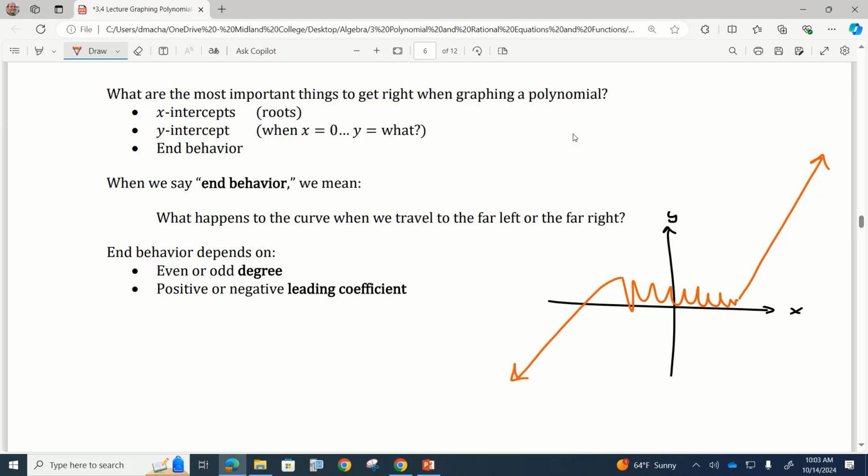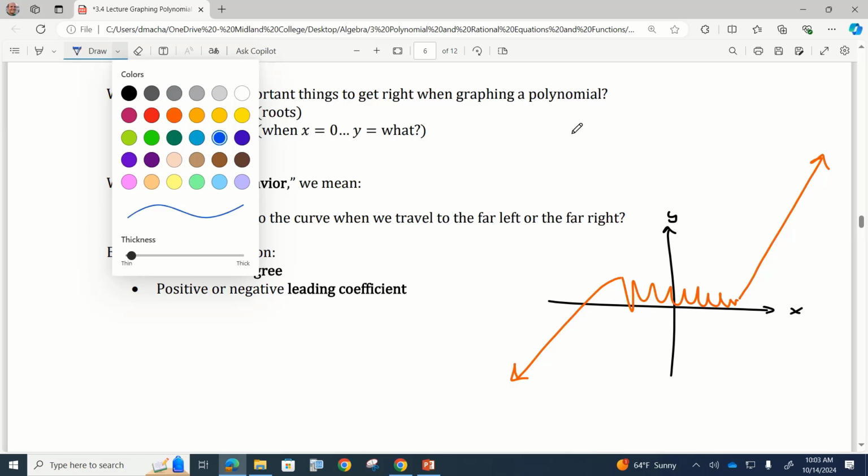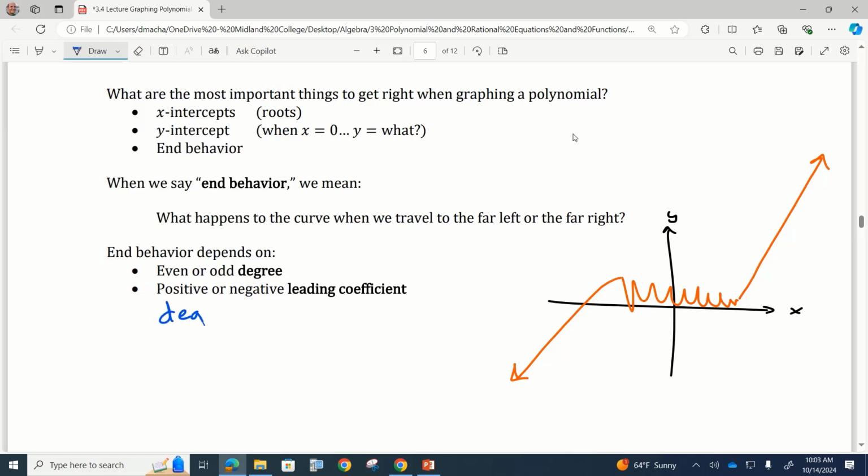Is it going up or going down? And what happens if I go far enough to the left? Is your function ultimately going up or down if you move far enough one way or the other? End behavior depends on the degree of the polynomial, and it depends on the leading coefficient.